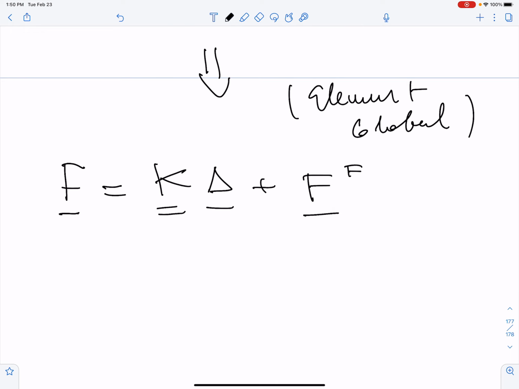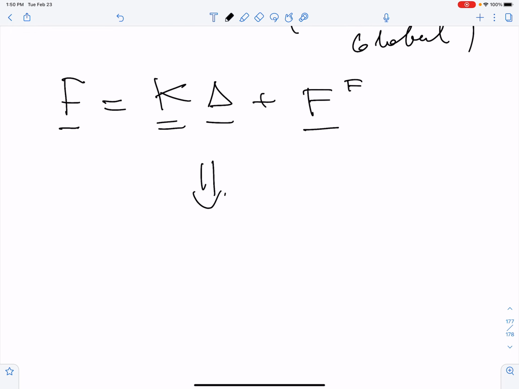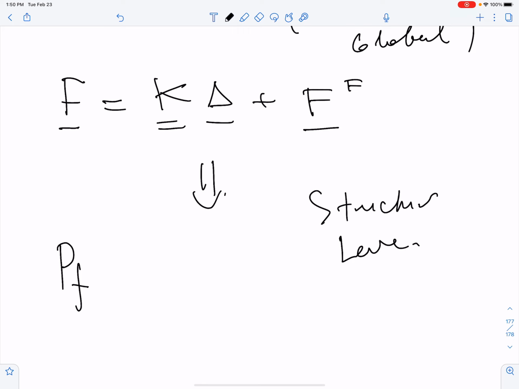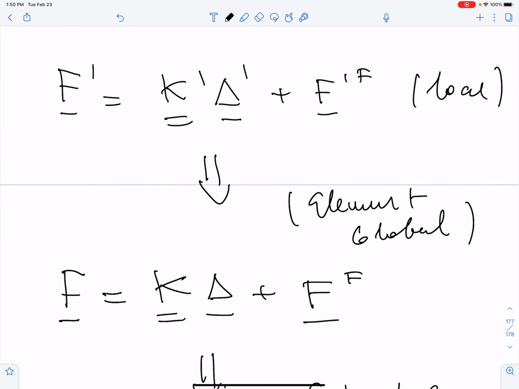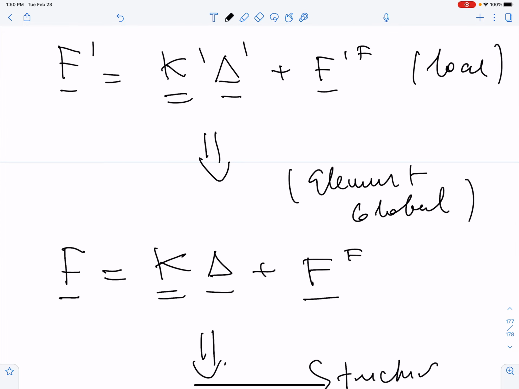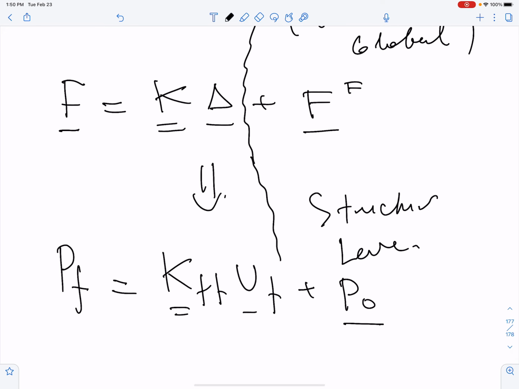And then from there, okay, you scale up to the structure level, where you say PF is what? Is KFF UF, plus some P0. Okay. And so this part, kind of going from here to here to here, remains the same.